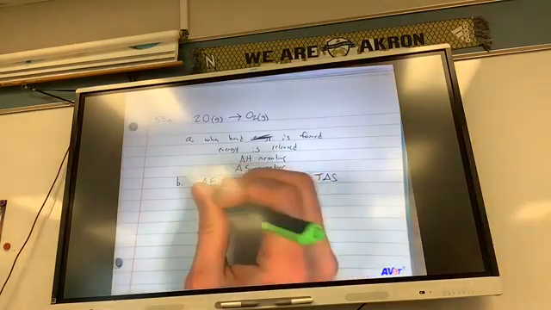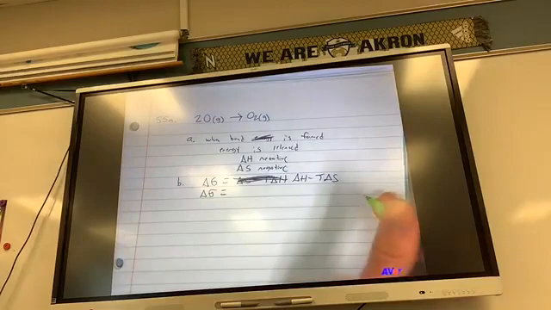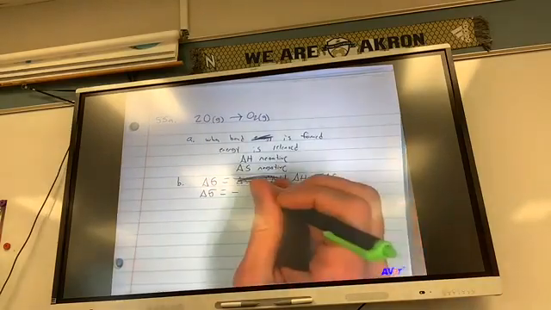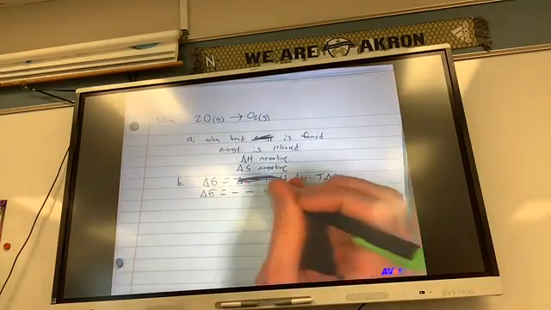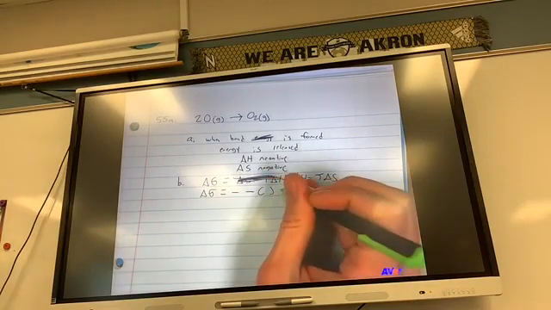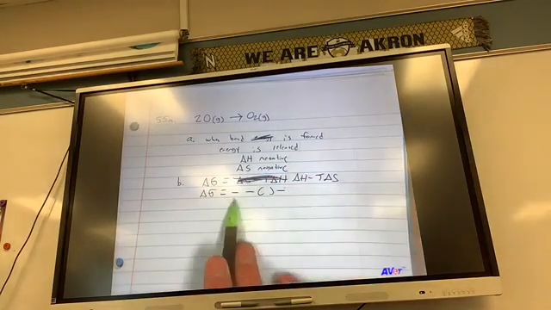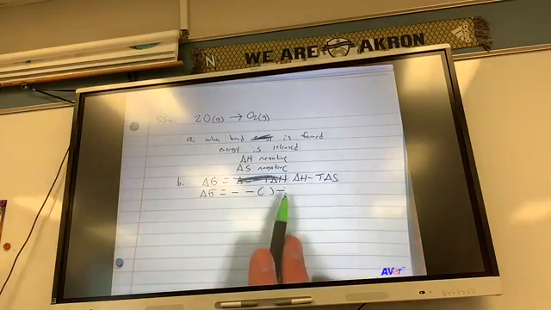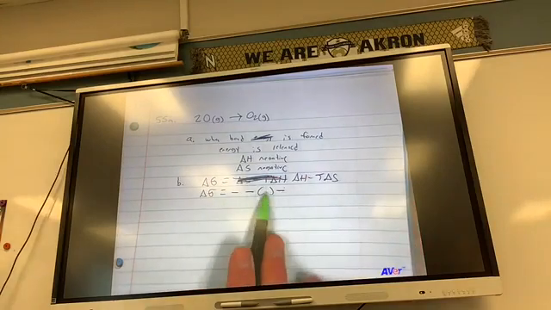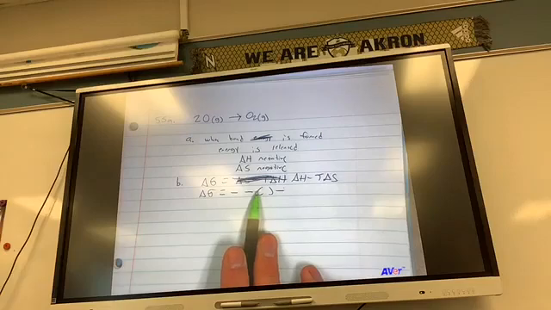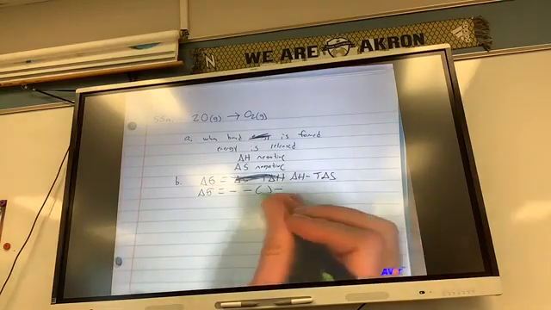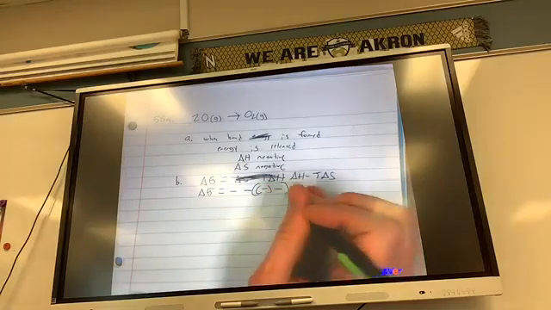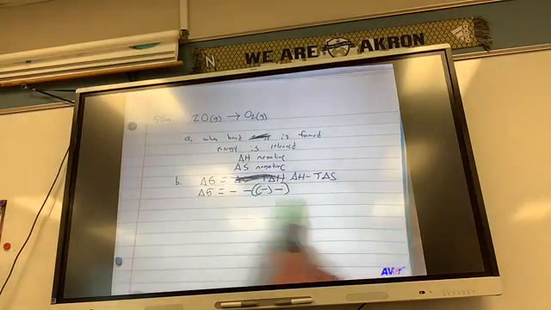So I know that delta G equals, my delta H is a negative, minus my delta S, which is also a negative. So in order to make this whole thing positive, I need this number in the middle to be a big negative number, because a negative minus a negative times a negative gives me a positive.